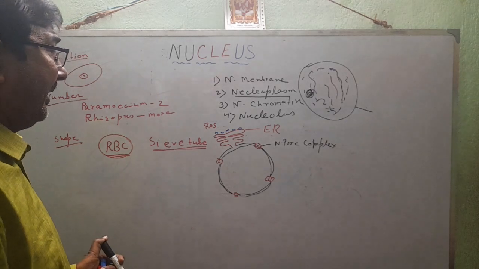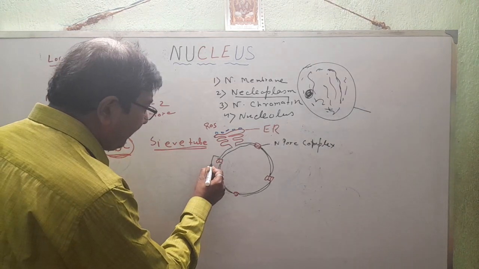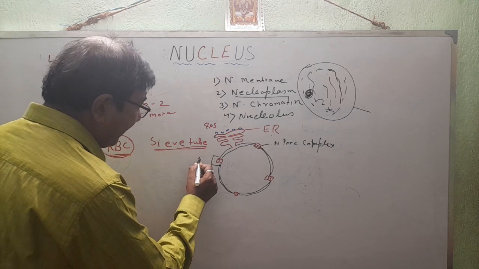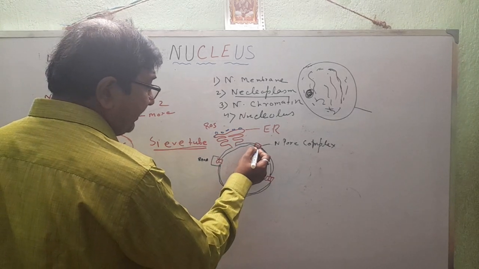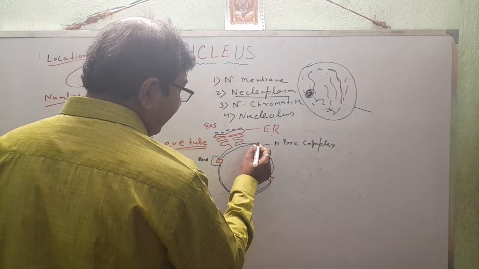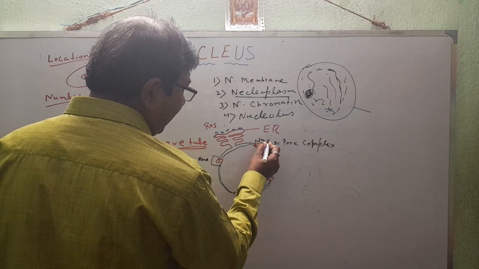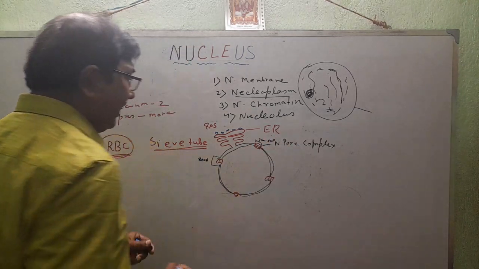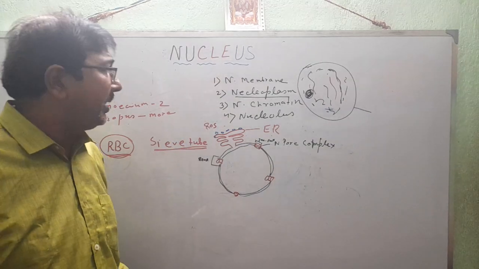The diameter of this pore is 800 Angstrom, but the diameter of the lumen, the tubular structure which connects, is 200 to 500 Angstrom. Okay, that's about the nuclear membrane.